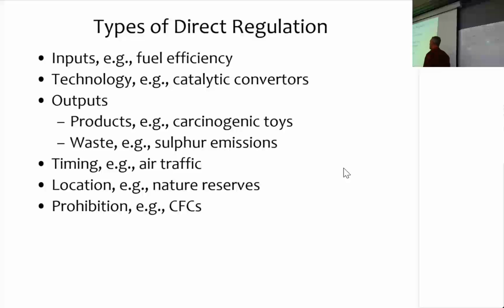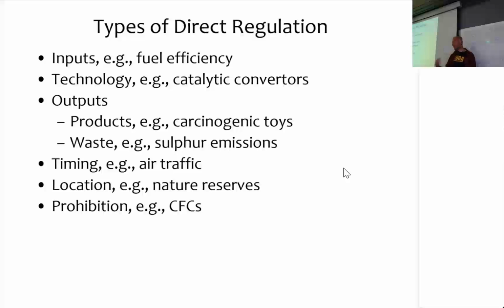You can regulate output. For instance, you are not allowed to sell toys for children under 3, where the paint on the toy contains carcinogenic materials. It's a perfectly reasonable regulation because young children eat anything, right, including their toys.